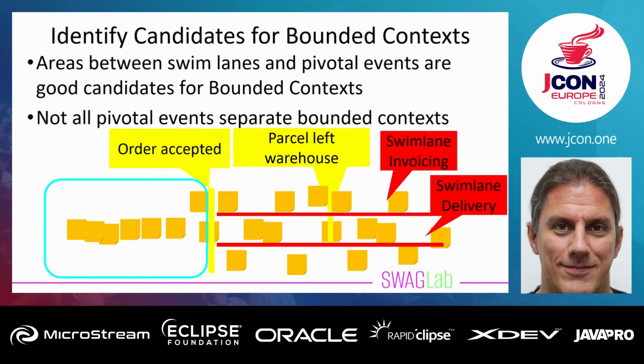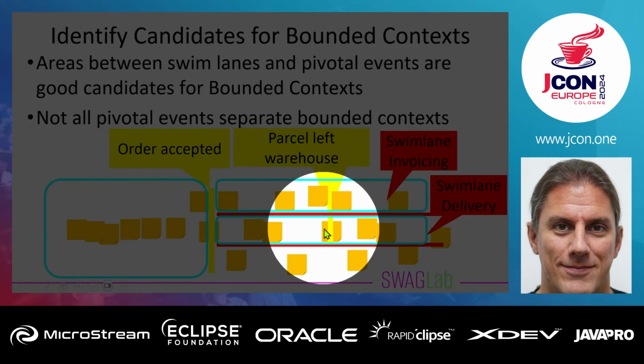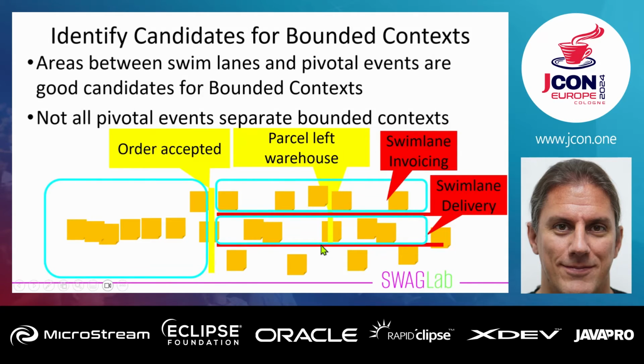So I would argue that this might be a bounded context, this might be a bounded context, and this might be one, but I don't think that the parcel leaves the warehouse is something that justifies a completely different model and starts a completely separate set of terms concerning the ubiquitous language.